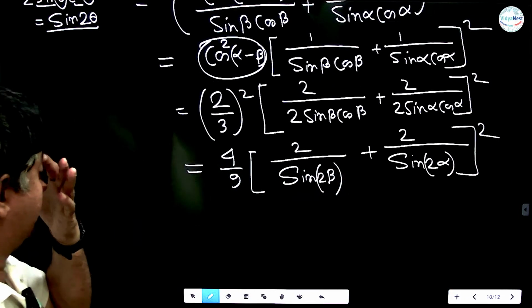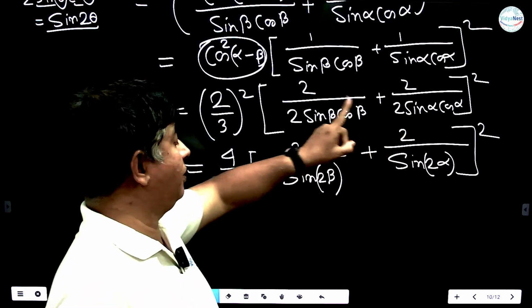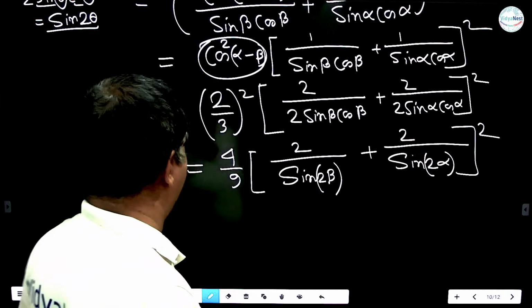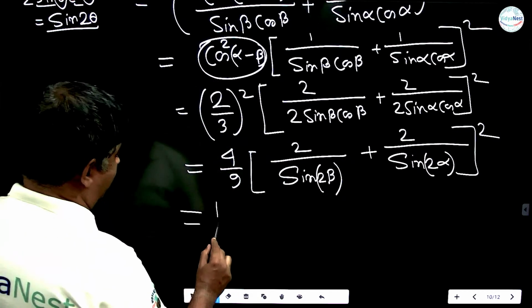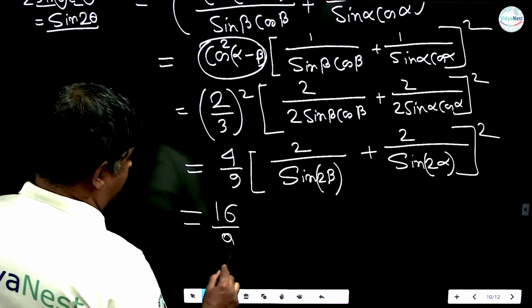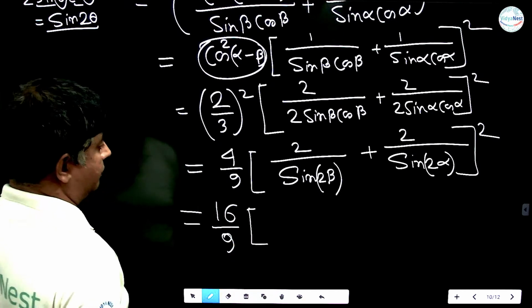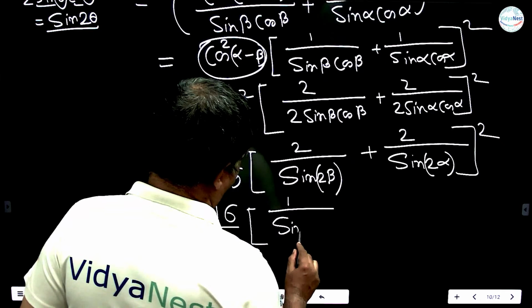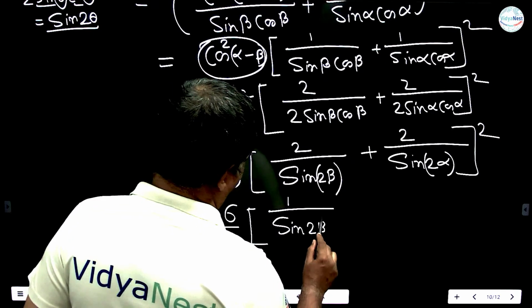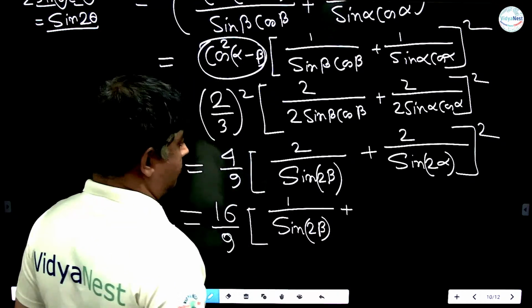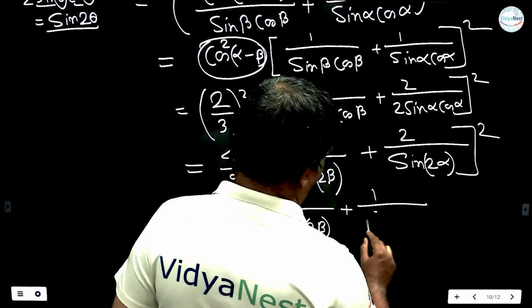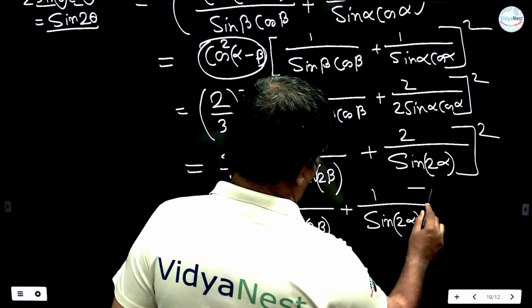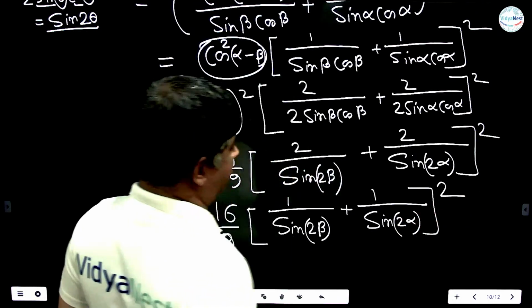Now, these 2 will be brought out of the bracket as 4 because its power is 2. So, it has become 16 by 9, 1 by sin 2 beta whole square.